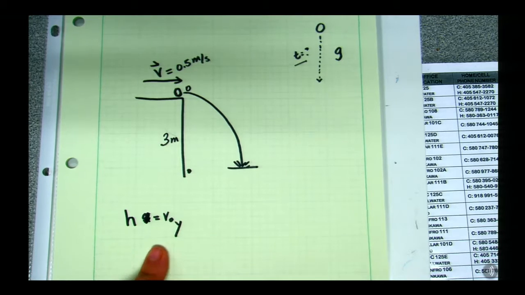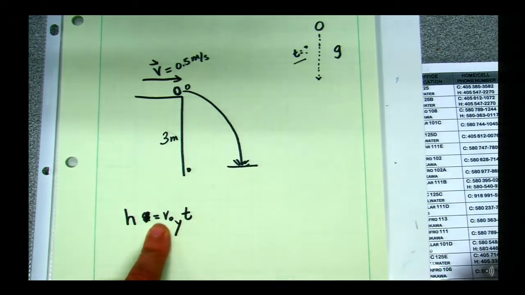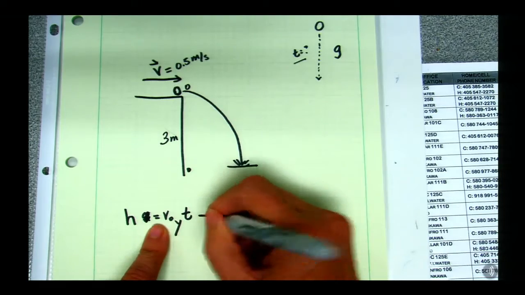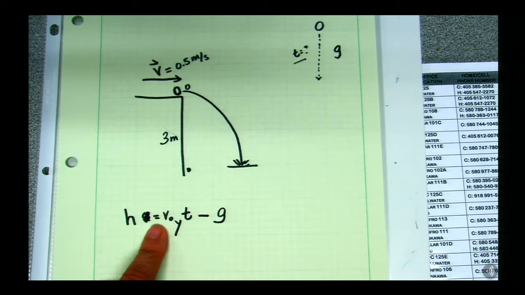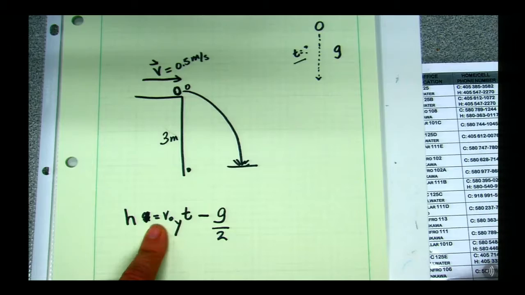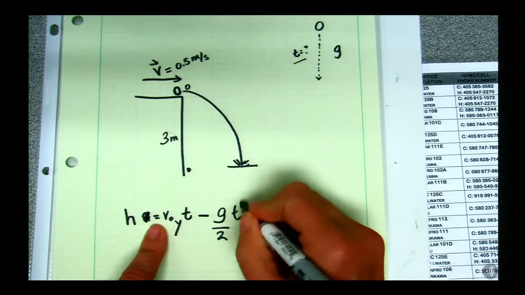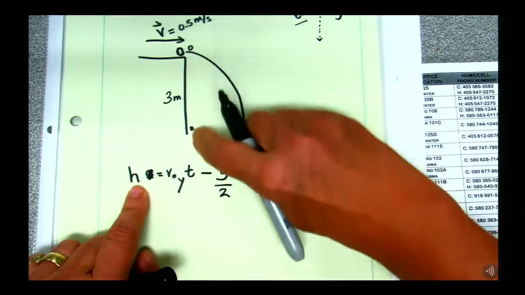My initial velocity in the y direction times the time of the fall, minus, because my acceleration due to gravity is in the negative direction, 1/2 a t squared. So that's the motion that I'm going to have in the y direction.